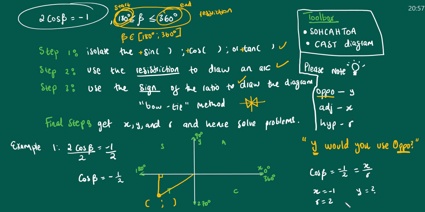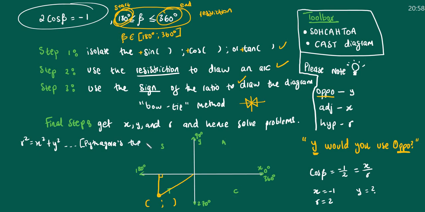Then how do we get y? The theorem of Pythagoras, isn't it? You do need that theorem. So you then go right and say, okay, r squared is equal to x squared plus y squared, and then you shall indicate to the examiner that you are using Pythagoras theorem, right? And then it will be like this.